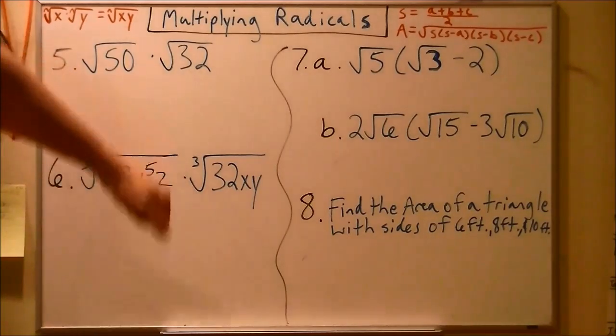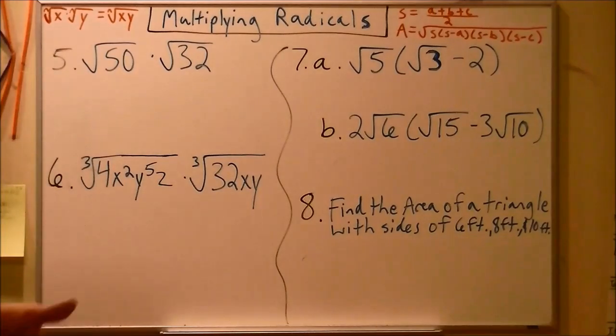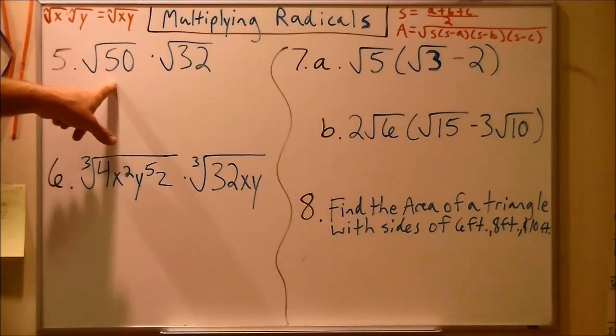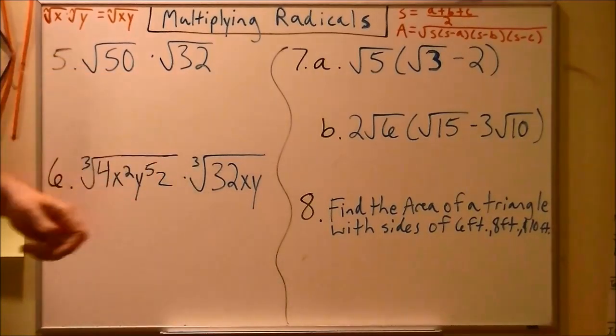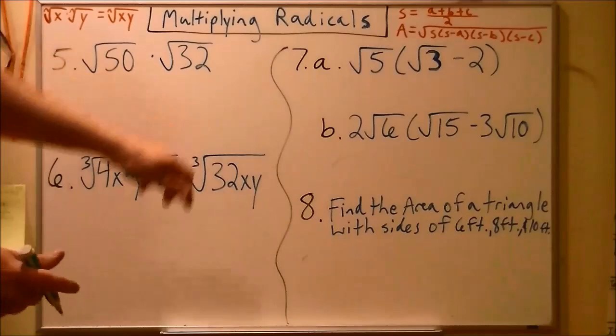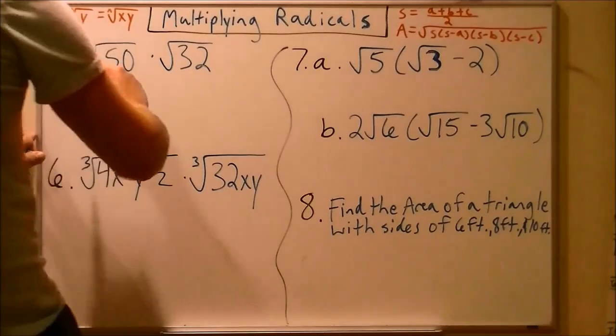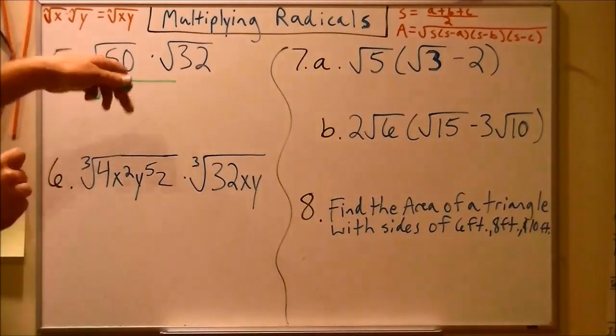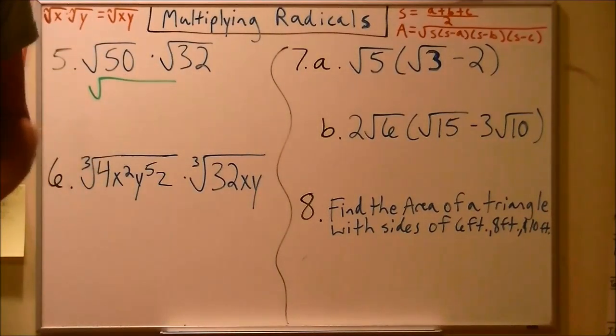So we're going to move on with number 5. We could break all these down into their absolute prime factors, or we could take a little bit of a shortcut. We could ask ourselves, do I see any perfect squares? As I combine these two under one marital umbrella, per my rule, do I see any perfect squares in the number 50?